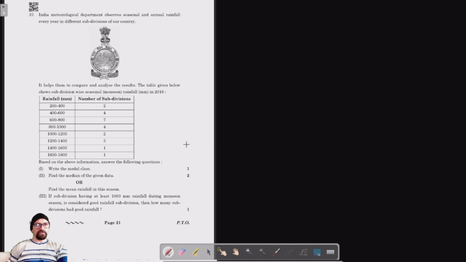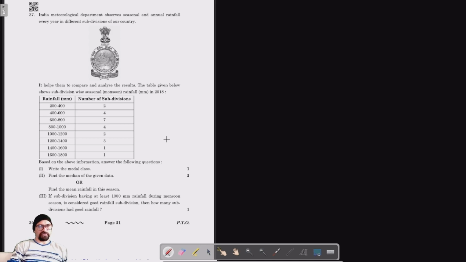Okay, our next case study is question number 37, and it's given that the India Meteorological Department observes the seasonal and annual rainfall every year in different subdivisions of our country, and it helps them to compare and analyze the results.